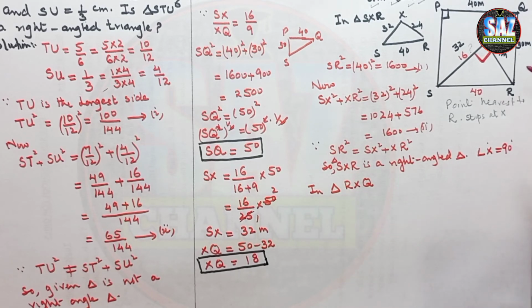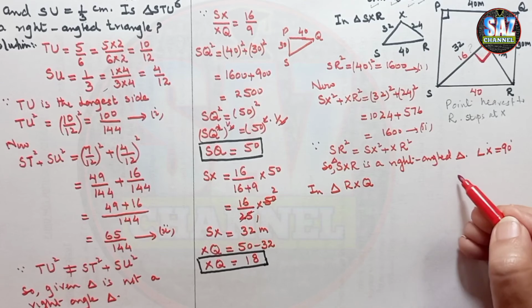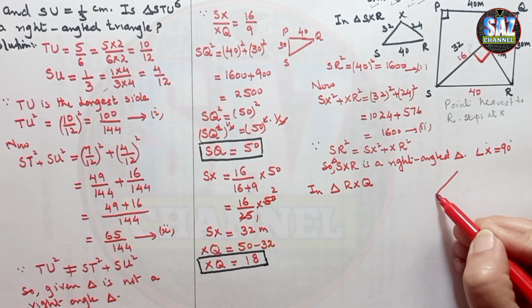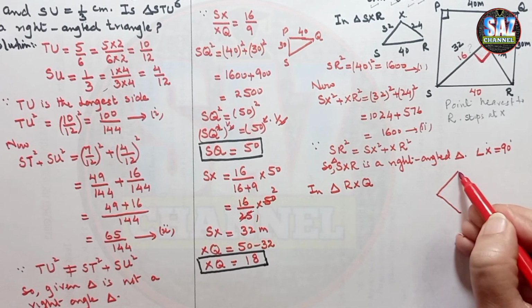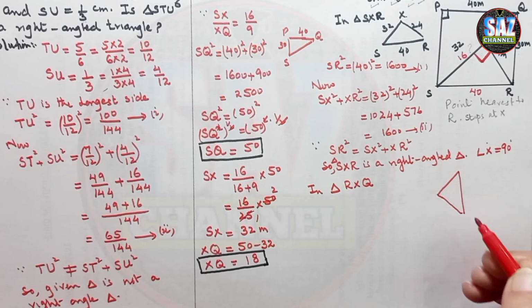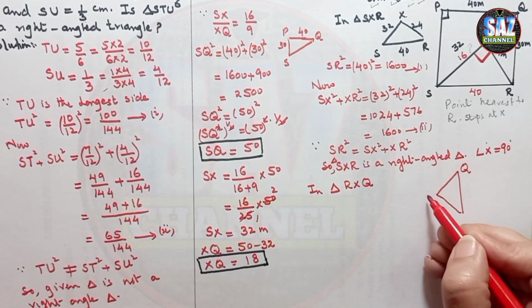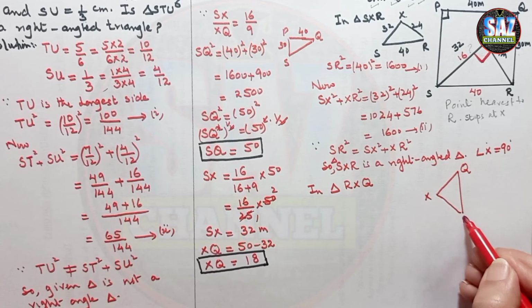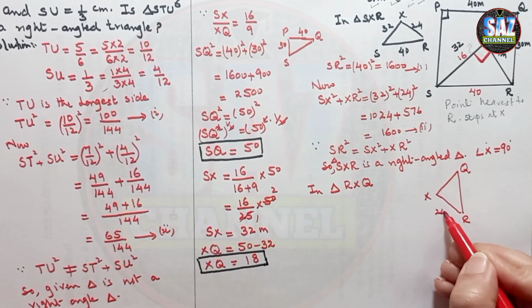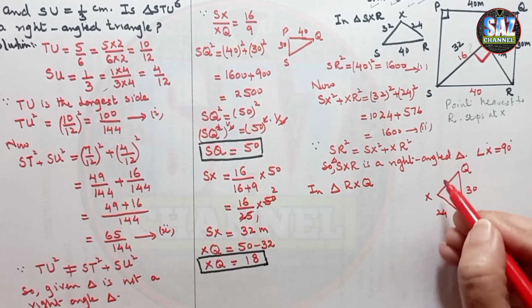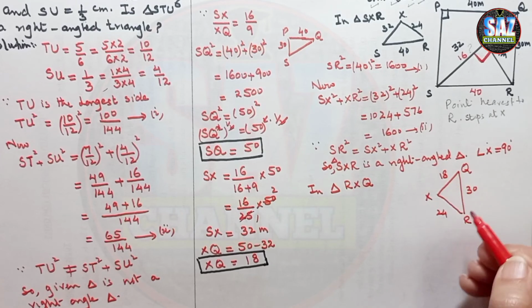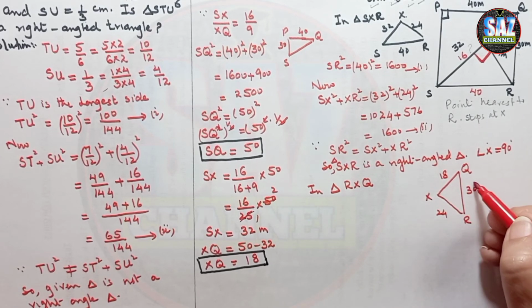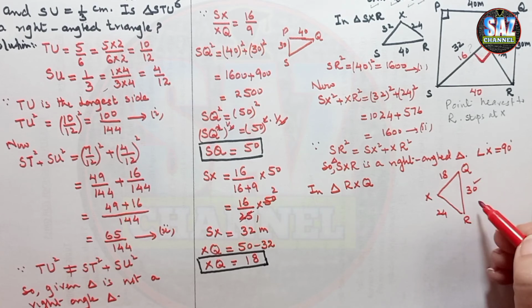Now again decide which one is the longest side of this triangle. Let me make a small triangle here so that students can understand easily. Okay, and then let me go over here. This is Q, this is X, and this is R. This is 24, this is 30, and this is 18. Okay, now see which one is the largest or longest side. Longest side is QR or 30.